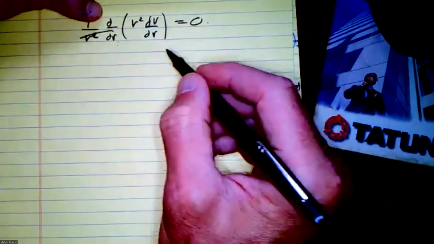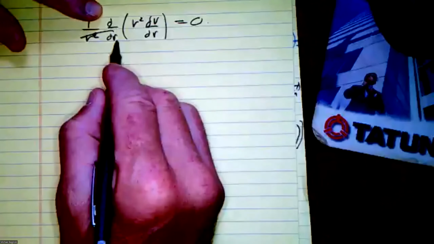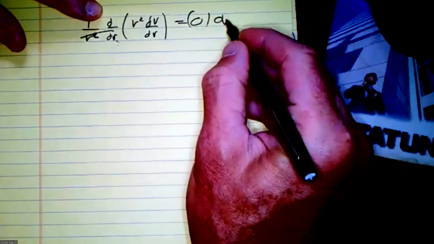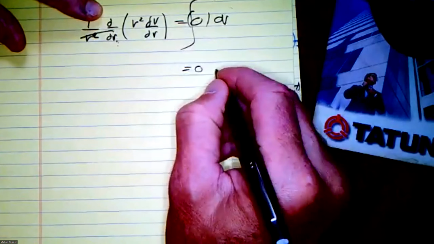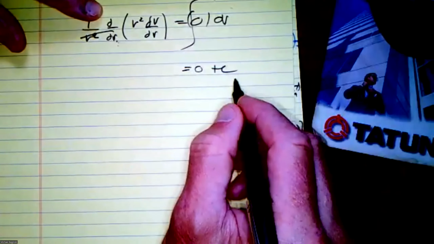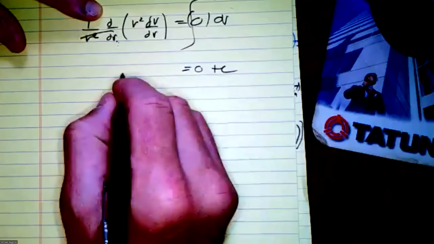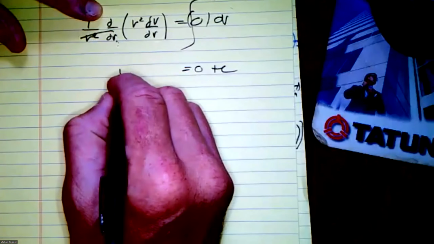So when I go ahead and do this, if I integrate, it's 0 times dr here. If you integrate that, you still get 0 plus a constant is equal to r squared dv dr. So that means dv dr is equal to c over r squared.